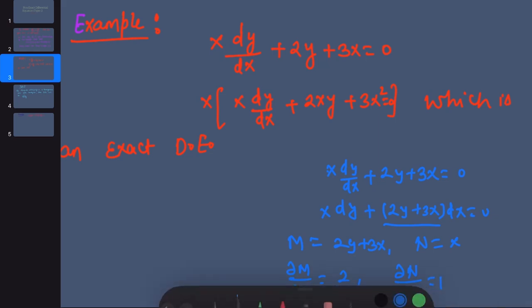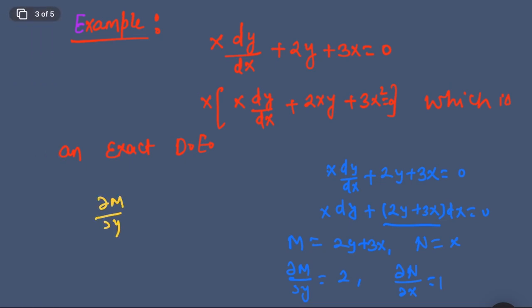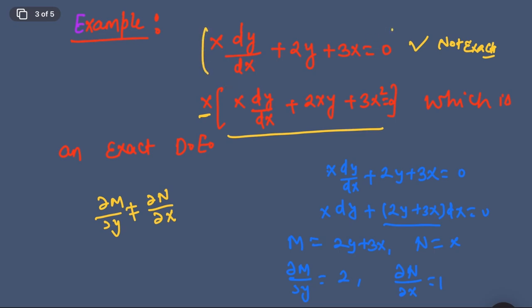So del M upon del y does not equal del N upon del x, so we can say this given differential equation is not exact. How can we make an exact differential equation? If we multiply the whole differential equation by x, then it will become exact. How? Let us suppose I multiply the whole equation by x.